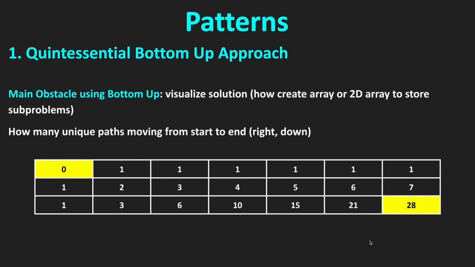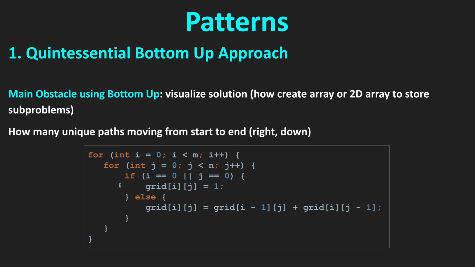Again, in this case, it's very easy to apply the dynamic programming approach, because the two-dimensional array is already given as a part of the problem, as a part of the requirement. So code-wise, how would it look? We have two for loops.